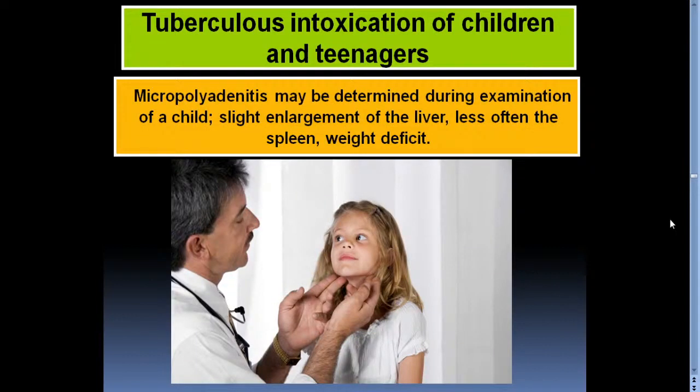Micropolyadenitis may be determined during examination of a child. Slight enlargement of the liver, less often the spleen, and weight deficit.